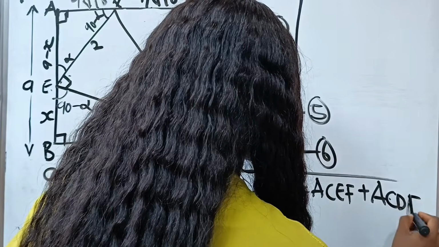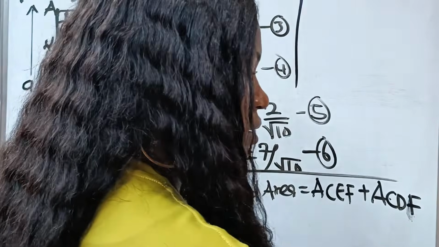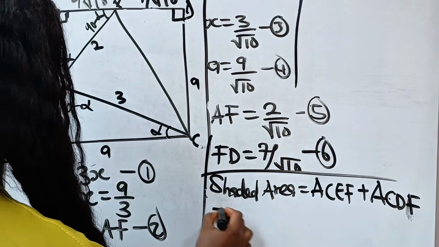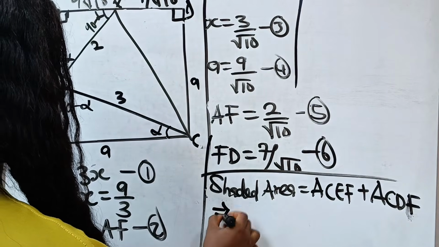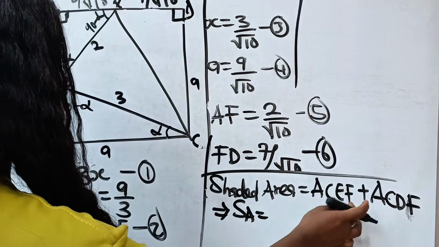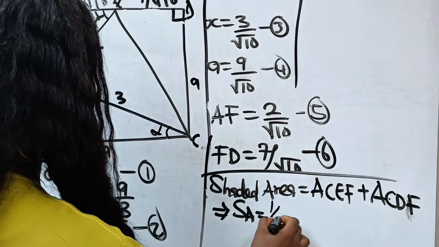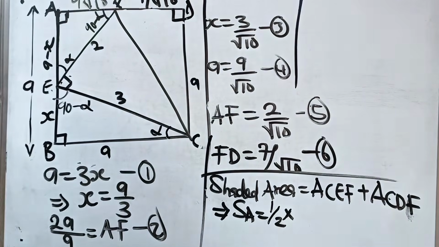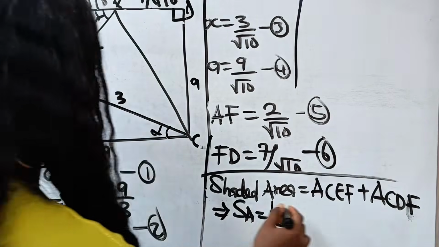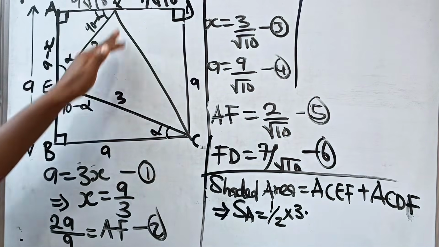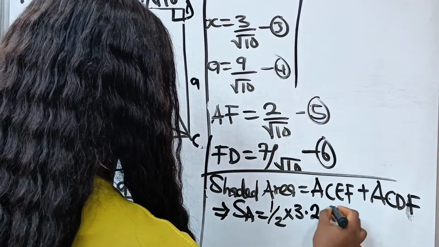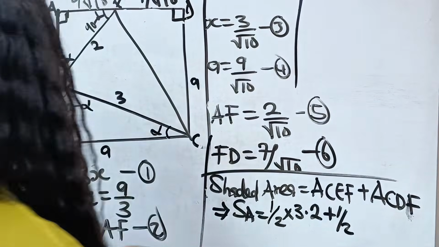So the shaded area should be equal to, the area of triangle CEF is half base times height. So half times the base times height. If we take this as our base, which is 3, multiplied by the height, which is 2, then plus half the base of CDF.